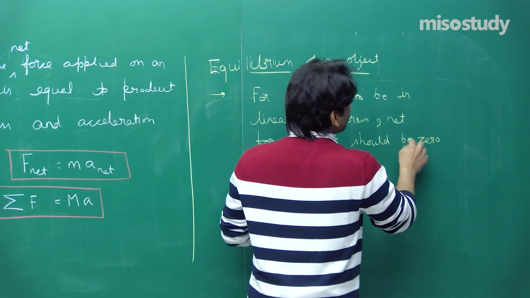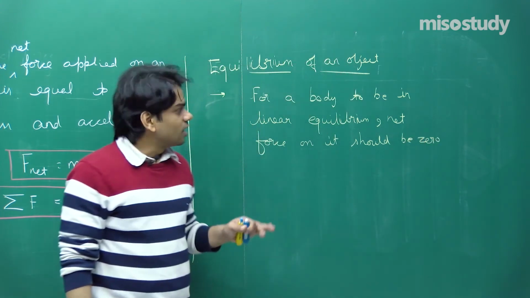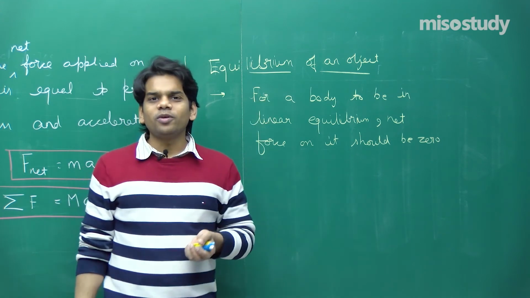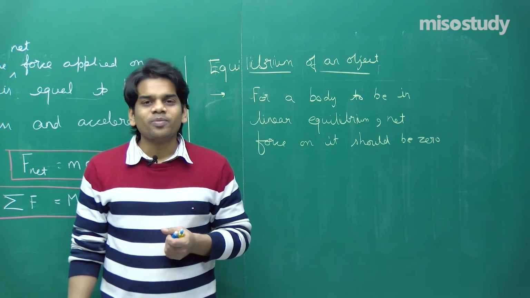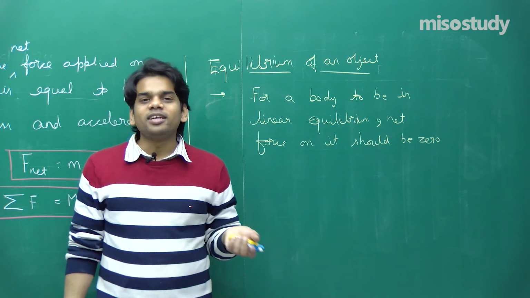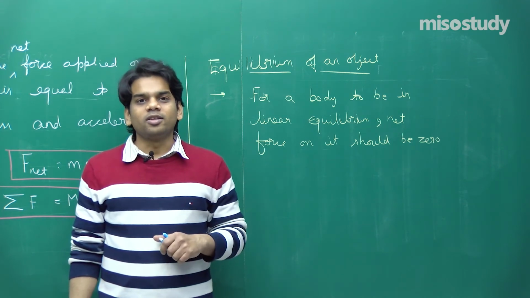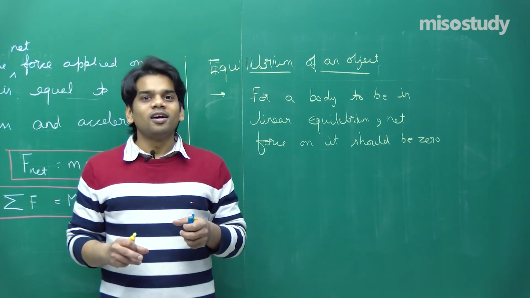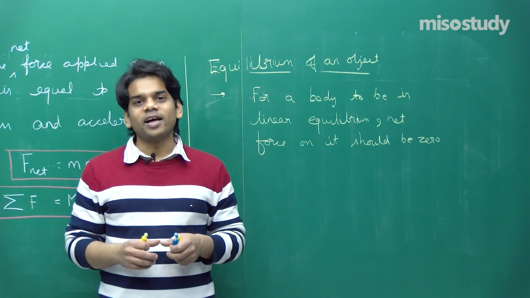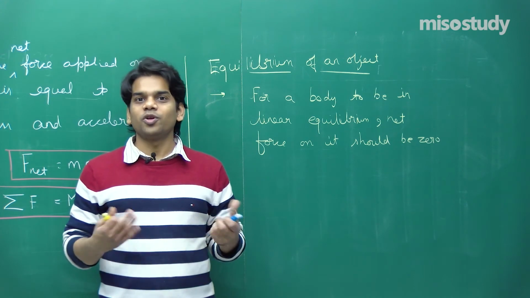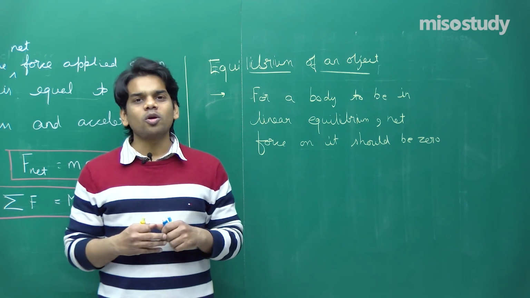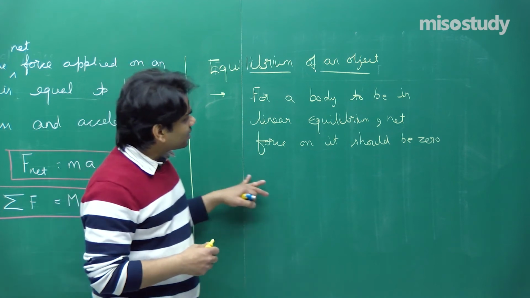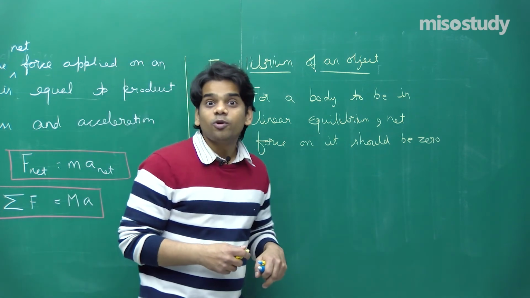Right now we are talking about linear equilibrium. We are not talking about rotational equilibrium, which I will tell you in detail in a coming chapter, that for rotational equilibrium, the net torque on the body is 0. I am not using all these vague terms, because that will confuse you all. What is torque, what is rotational equilibrium? So I'm not using this. I'm just talking about linear equilibrium, and that is, on a body the net force should be 0.